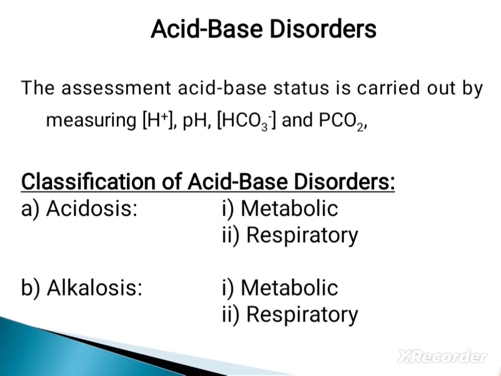Acidosis can be further divided into metabolic and respiratory. Derangement in the bicarbonate, metabolic acidosis; derangement in the partial pressure carbon dioxide, respiratory acidosis. Again, derangement in the bicarbonate level, metabolic alkalosis; derangement in the partial pressure of carbon dioxide, respiratory alkalosis.